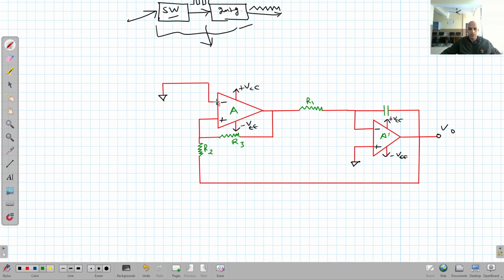This circuit is going to act as a comparator. This is on the feedback path, and this is the integrator.